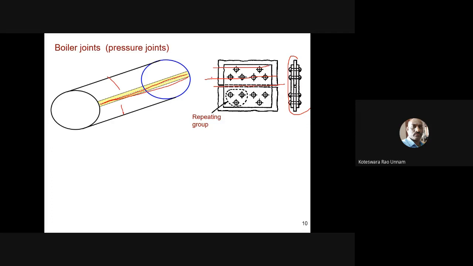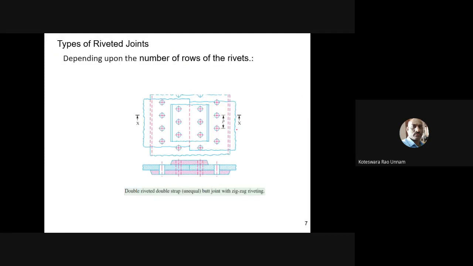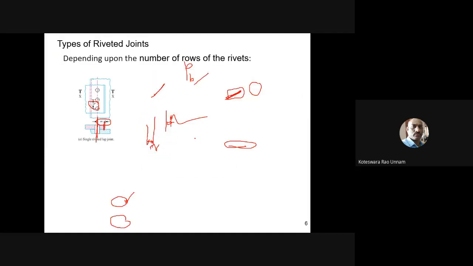But instead of considering all the rivets, we'll use a repeating group, generally what we call the pitch length. Here, this is the pitch length in this particular joint. I'll always find the strength of the joint based on the pitch length only. Whatever the group within that pitch length, it is going to repeat from now onwards. If you look at all the other joints also, see here. Okay, I'll erase all these things. Then you can see that.